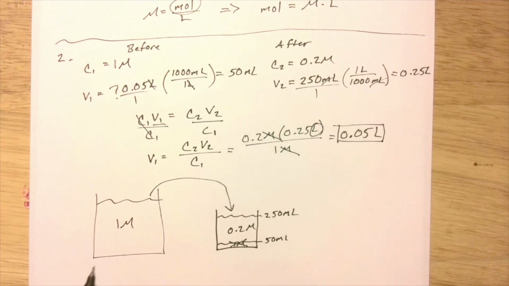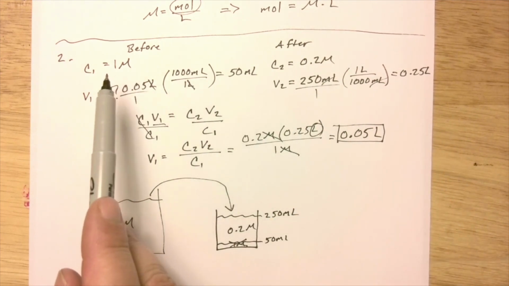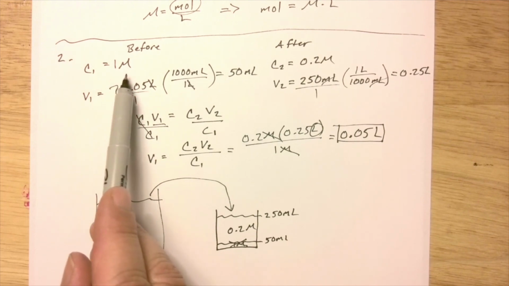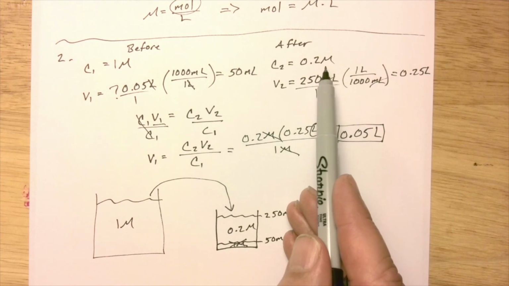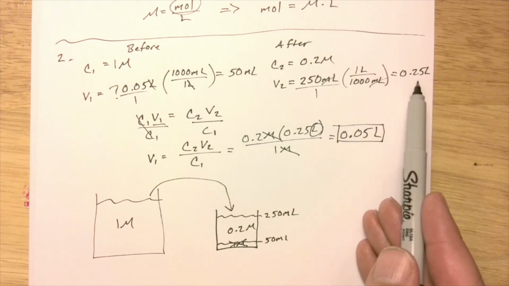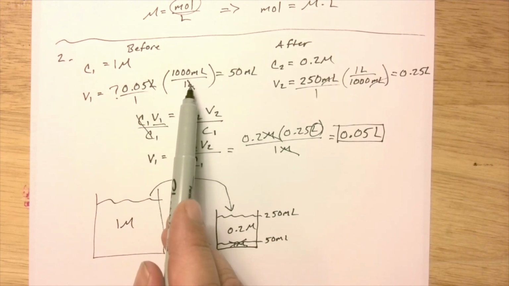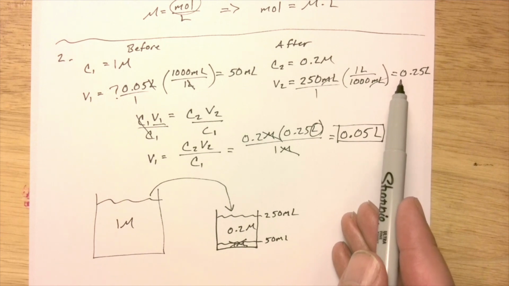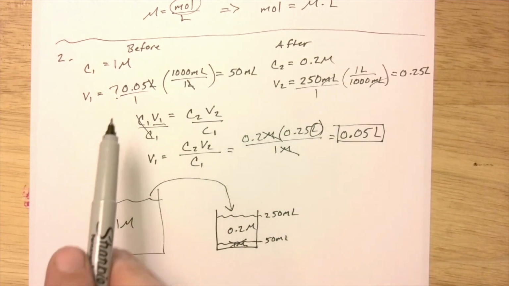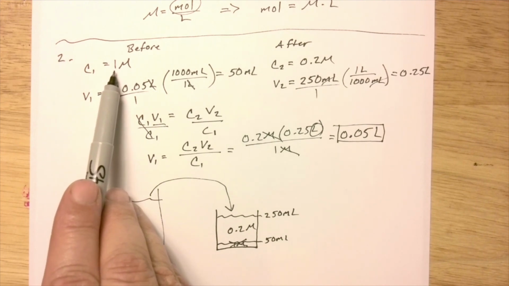And this is something I have to do quite a bit in labs here. A stock solution will have a certain concentration, and then I need to make it something more diluted, and I need to have a certain amount of it. So I have to figure out how much do I have to take out of the original container to give me that concentration. For example, like hydrochloric acid, it's 12 molar when I purchase it.